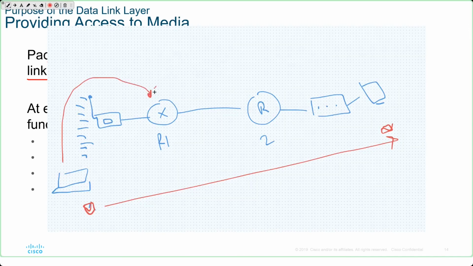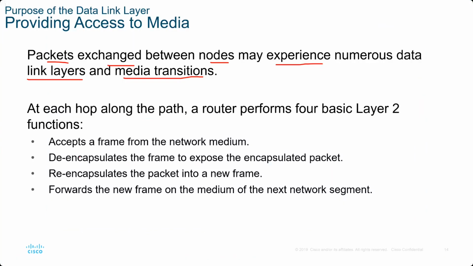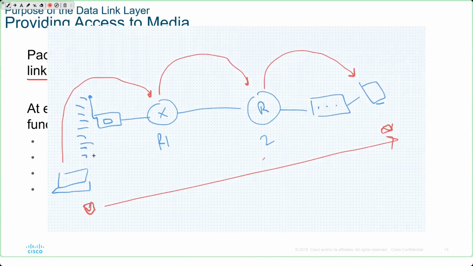This is one hop, this is another hop, this would be another hop. Every time it goes through a hop, the router accepts a frame from the network medium. So this router is accepting a frame. This computer will generate a frame. Remember, the frame is the actual thing that you are always sending on the physical line.